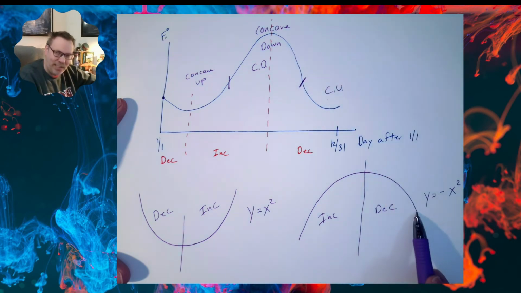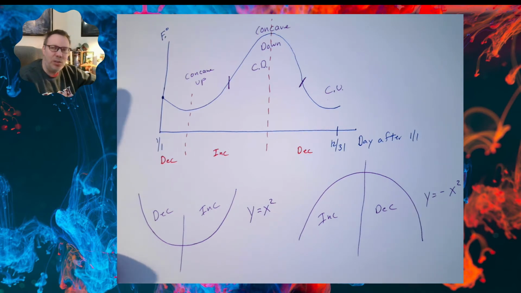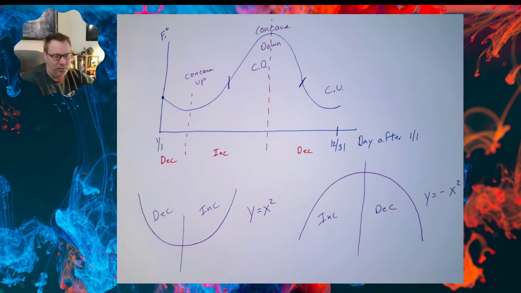That kind of looks like this section over here. So this is a quick introduction to direction of a graph, increasing and decreasing, and concavity, concave up and concave down. We'll be talking a lot more about these topics in a later video.